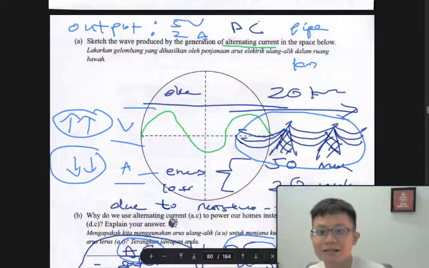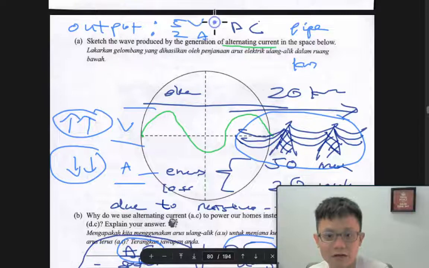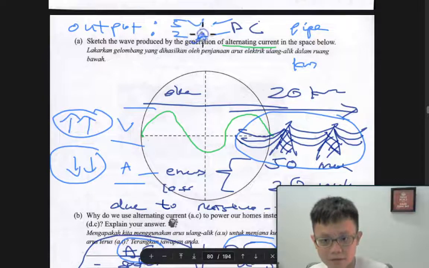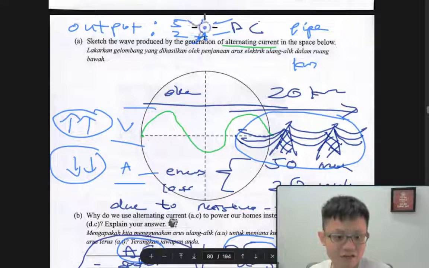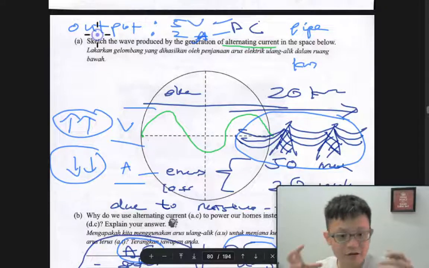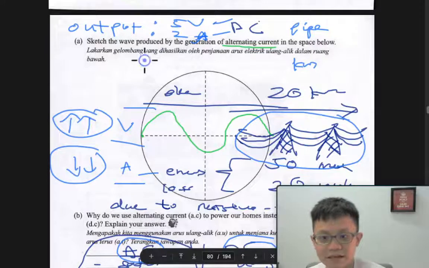But for electric it's more special, because there are 2 calculations. You need to multiply these 2: voltage and ampere. Voltage is how much energy you want to carry. Let's say this is the guy that carries the voltage to the house.